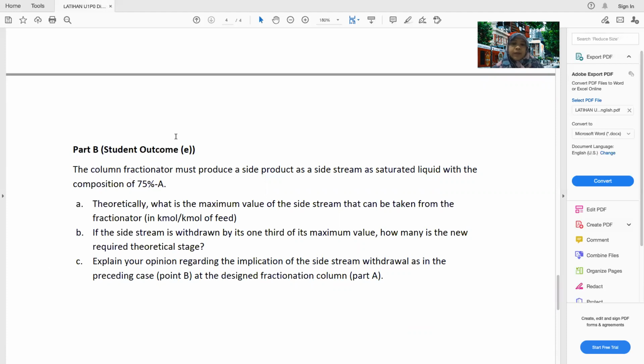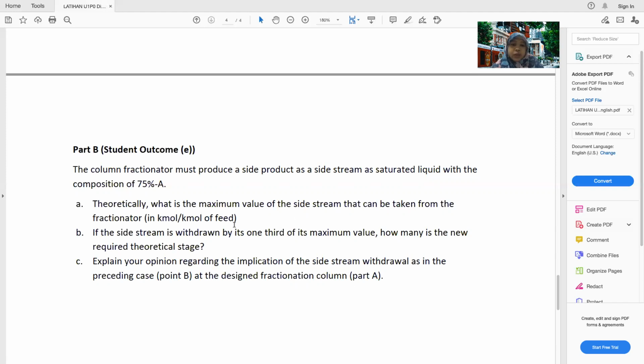For example, after we calculate all the equilibrium stages and the heat balance and everything is finished, in part B the column fractionator must produce a side product as a side stream with some composition.